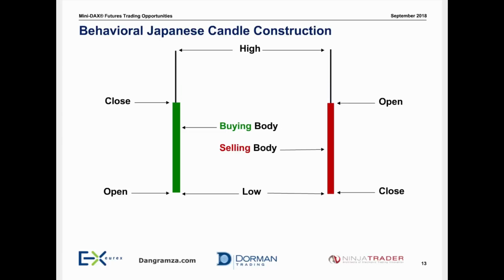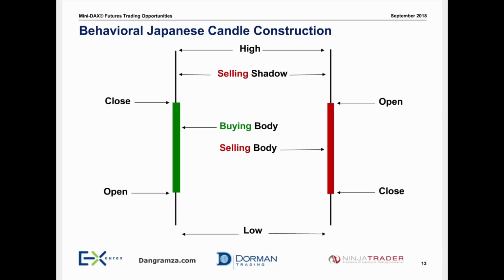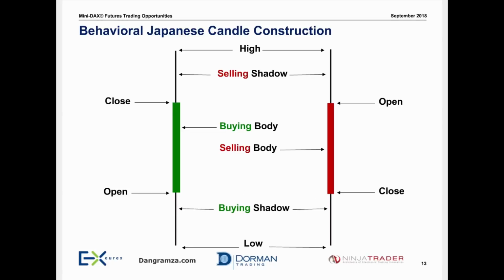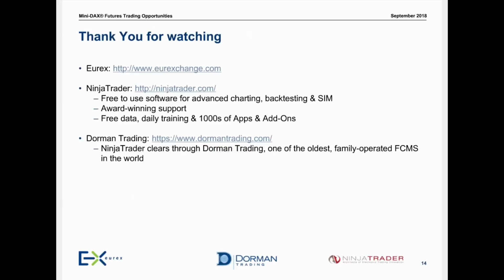It can be higher than the body, and that vertical line is called a shadow. I think it represents sellers at higher prices, and at lower levels, buyers. These are important references that we're going to come back to.